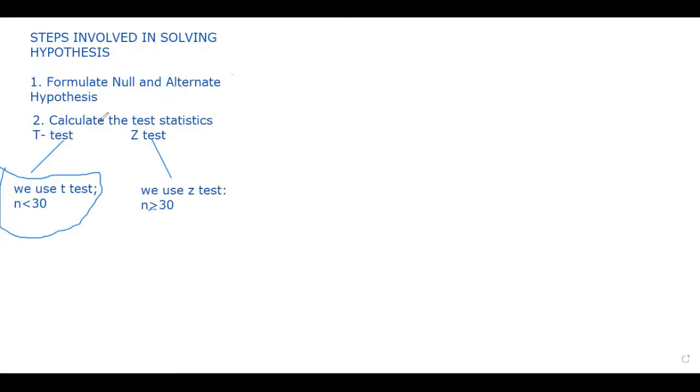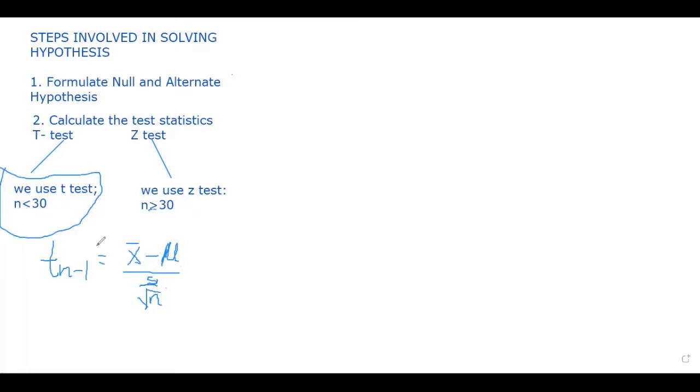Okay. Good. So I think from here I have to give you the formula for the t. t with n minus 1 is equal to x bar minus mu, all over the standard deviation, all over the square root of n.